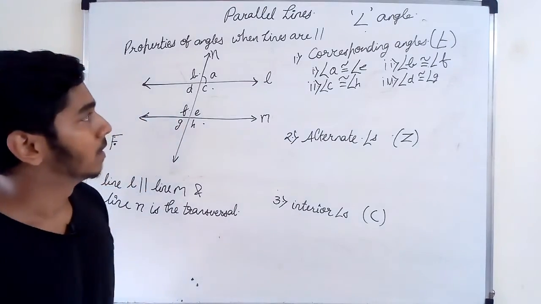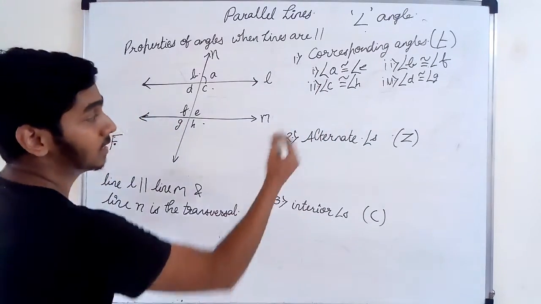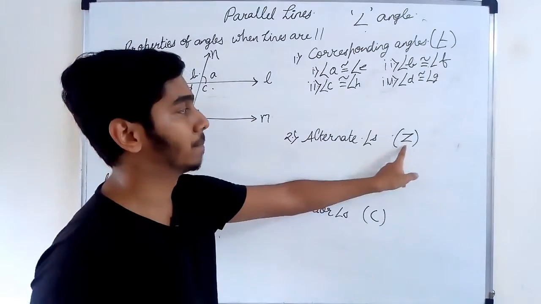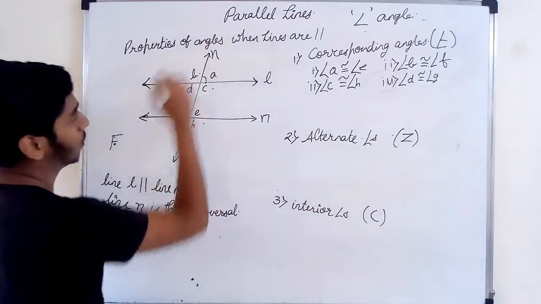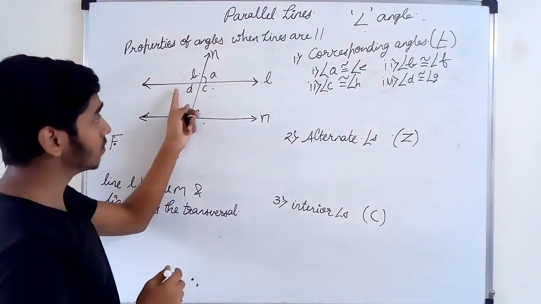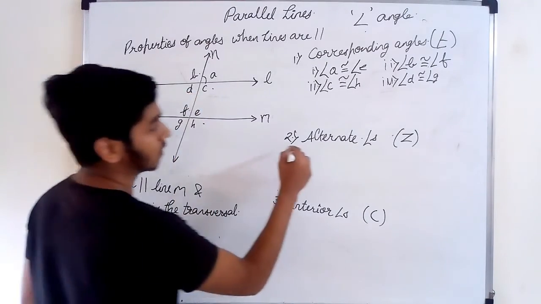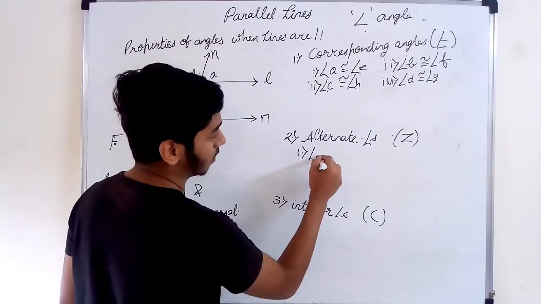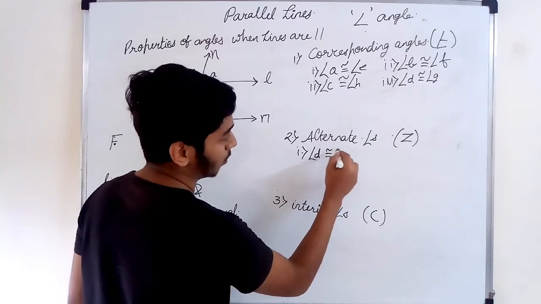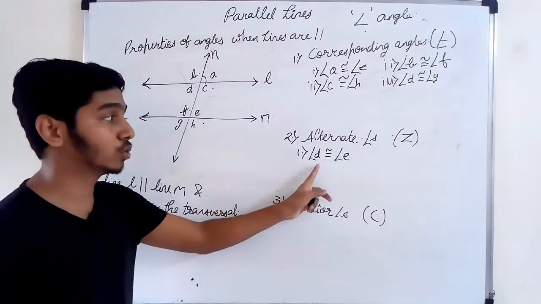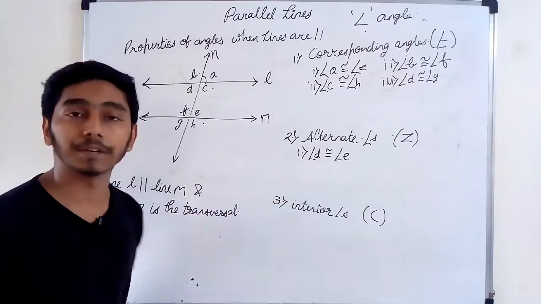Now let's see what an alternate angle is. It's represented by Z. That will be given like this. D and E, as you know, Z. So the first one, angle D is congruent to angle E. And also alternate angles are congruent.